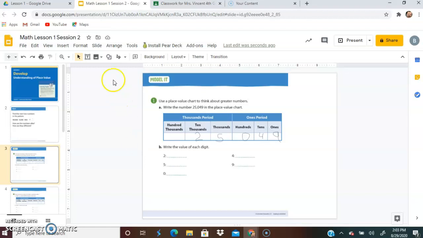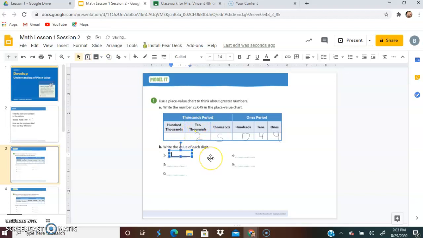So the 2, I'm going to go back to using my text boxes. The 2 is in the 10,000s place. So I'm going to put a 2 and then I'm going to put zeros after.